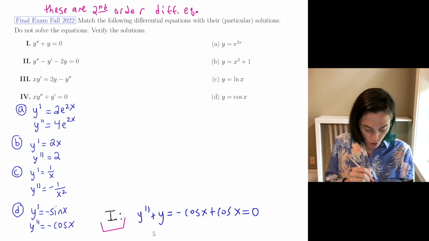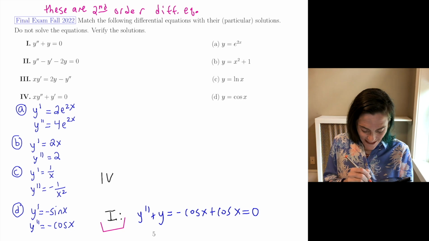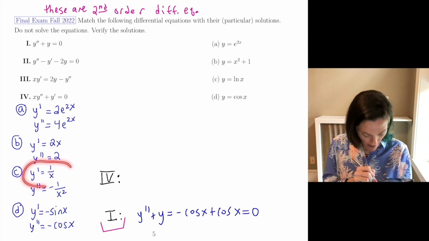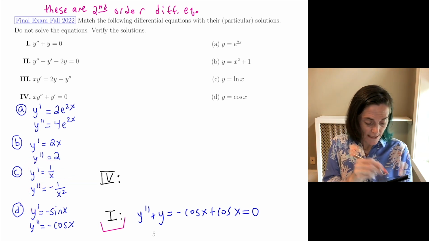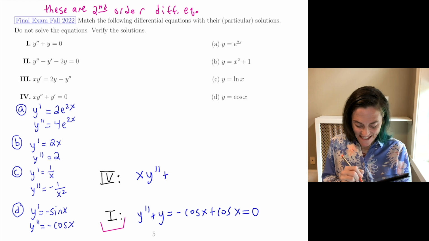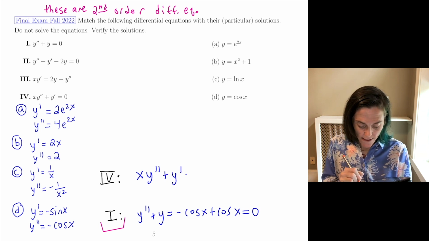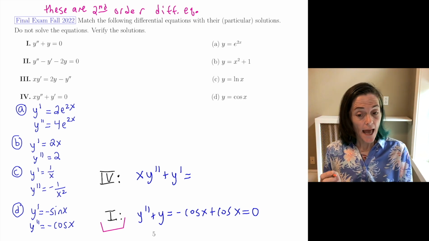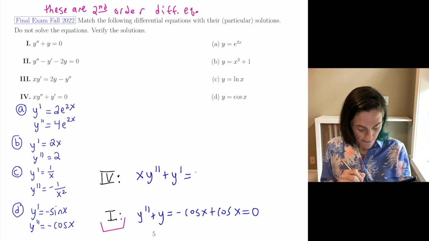Okay, let's do number 4, which I see here. Look at y double prime and look at y prime. And we see exactly number 4. So number 4 says x y double prime plus y prime equals 0. And let's verify that in this case. x y double prime is minus x over x squared plus y prime.